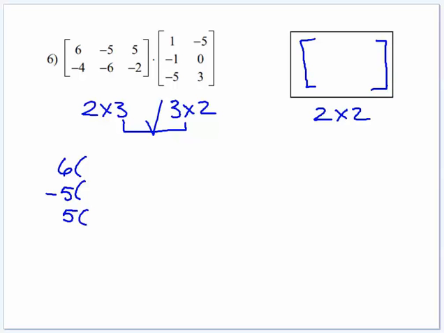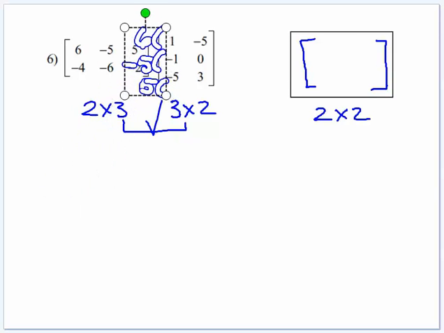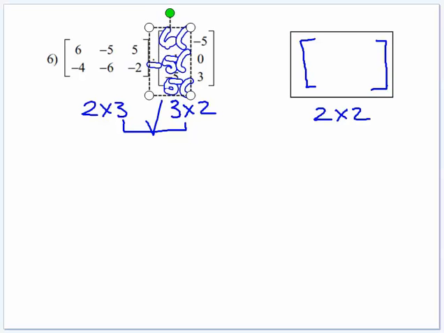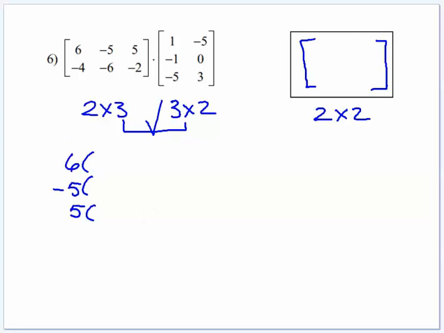And those will be multiplied with, just to do the visual again, first with these numbers, the 1, negative 1, and the negative 5, and then with the negative 5, the 0, and the 3. Then, of course, the second row will be written vertically and multiplied by these and then by those. So let's get going. 6 goes with the 1. Negative 5 goes with negative 1.